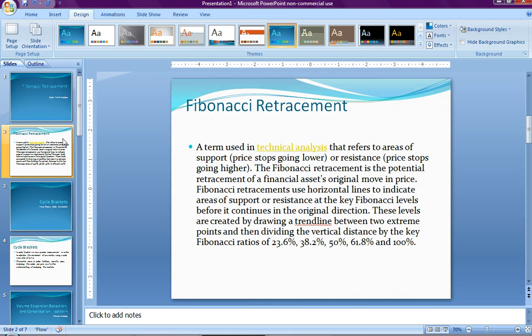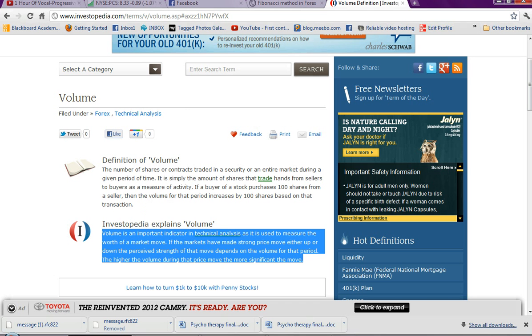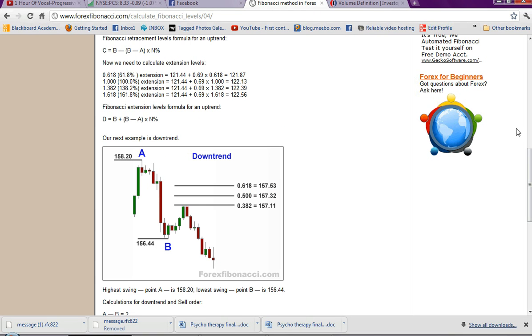Now, Fibonacci retracement refers to the Fibonacci code, which says that everything follows a continuous number sequence. For example, the previous number adds to the other one and gives you the next number. If you have trouble understanding who Fibonacci is or what the Fibonacci code is, you can just Google it and find the equation.